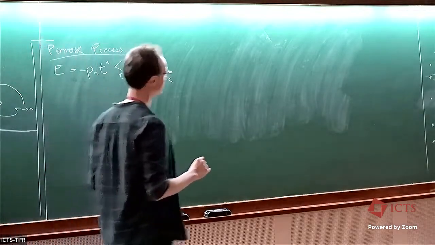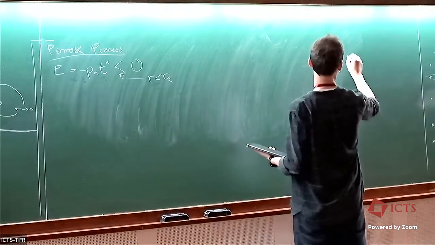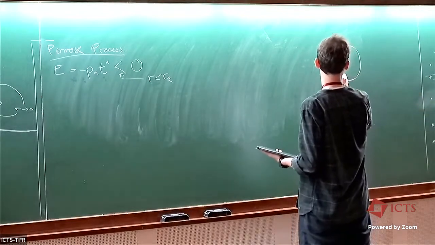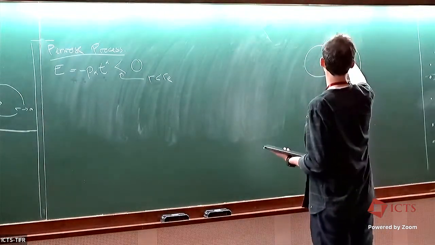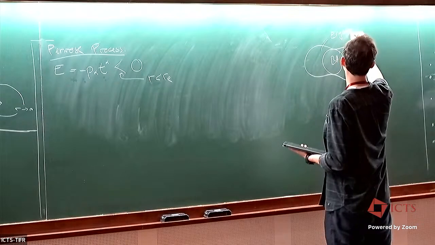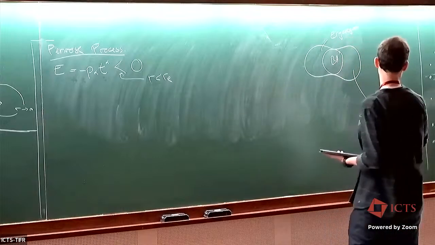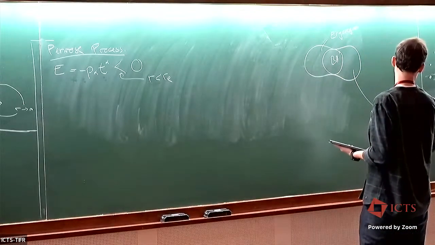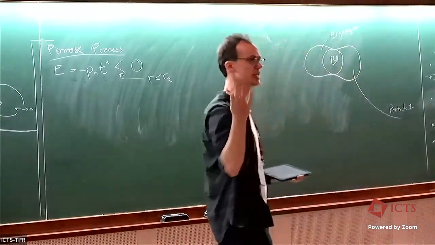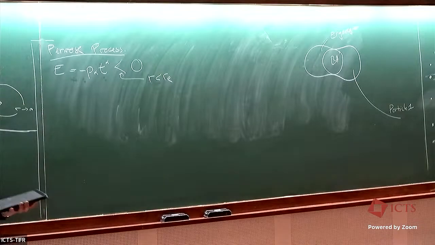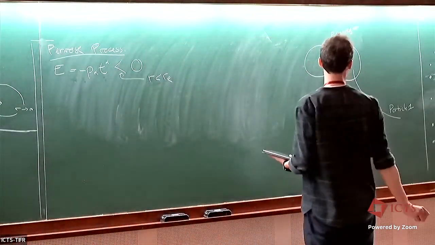Let me make a small drawing, basically just copying what's there on the board already. Okay, so we have the black hole, we have the Ergoregion. If I throw in particle 1, and of course particle 1 emerges from infinity, it must have positive energy, because there's no negative energy particle at infinity; it can only exist inside the Ergoregion.